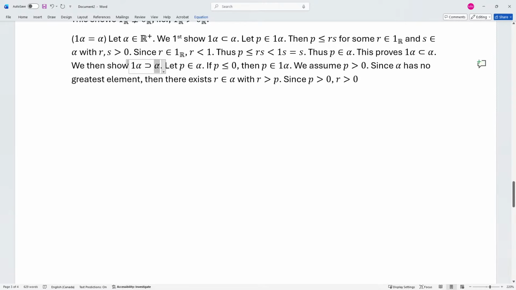I need to show alpha is contained in 1 times alpha. I let P be in alpha. And now that I have this R in alpha, I still need something from 1, so that the product of these two bounds P.